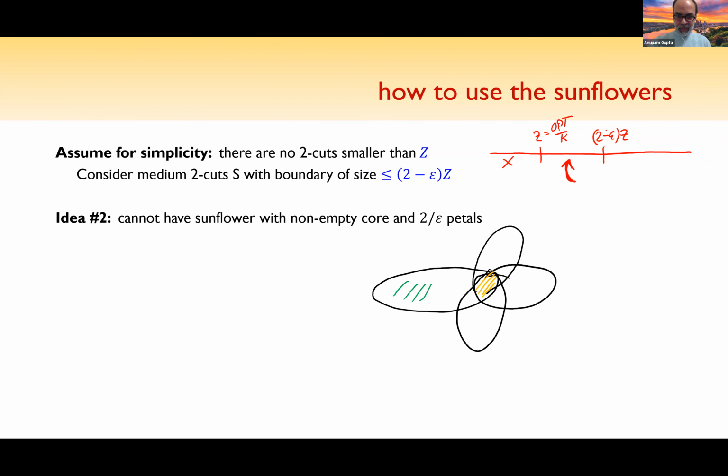Let's look at the petals, and there are edges leaving this part. It's a cut in a graph, so the petals form a set. There are no cuts smaller than z, so the number of edges leaving this part is at least z. The number of edges leaving the core is at least z.